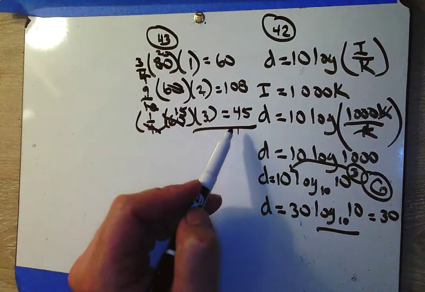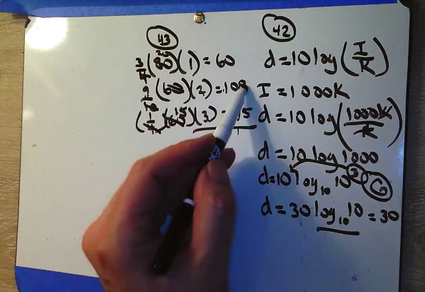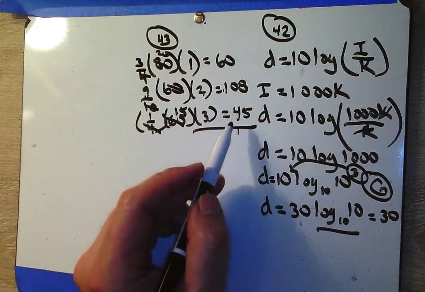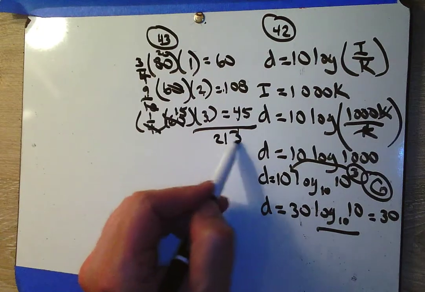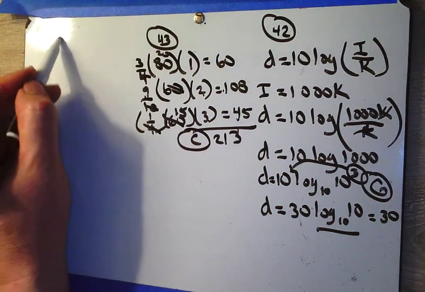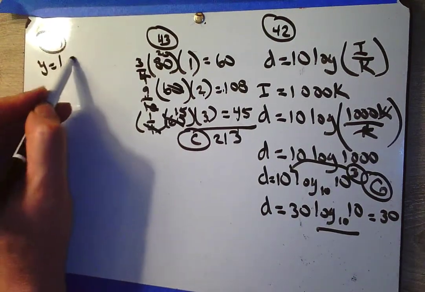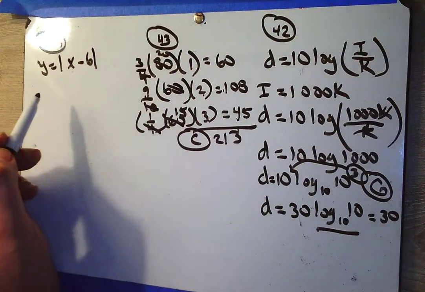So how many total points? Well, we've got 160 plus 40 is 200, and 8 plus 5 is 213 for choice C. Number 44. The graph y equals absolute x minus 6.